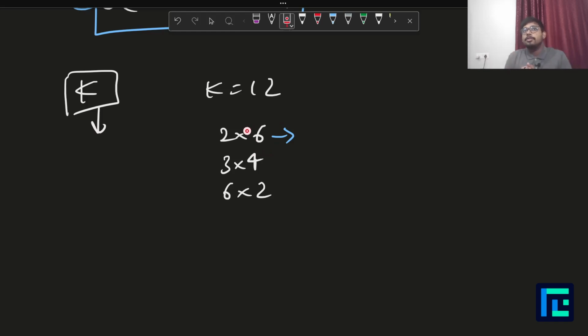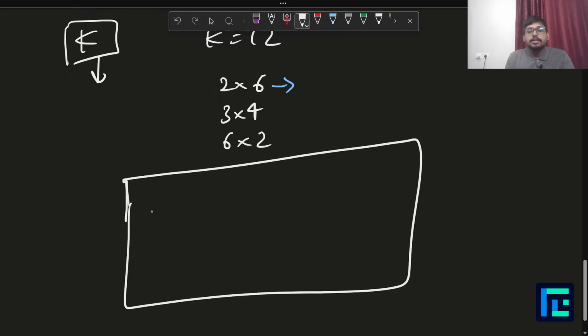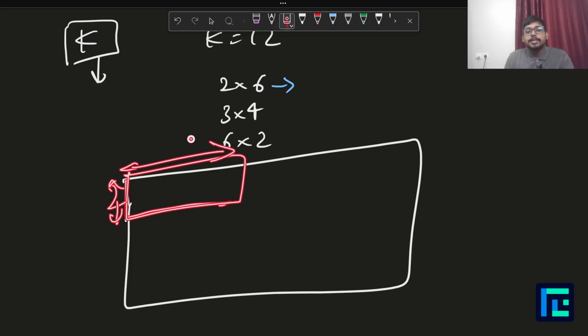They together would form a subrectangle of size 2 cross 6. So in the complete matrix C, to form a subrectangle of size 2 cross 6, the length is 2 and the breadth is 6, so there should be two consecutive ones in A and six consecutive ones in B.